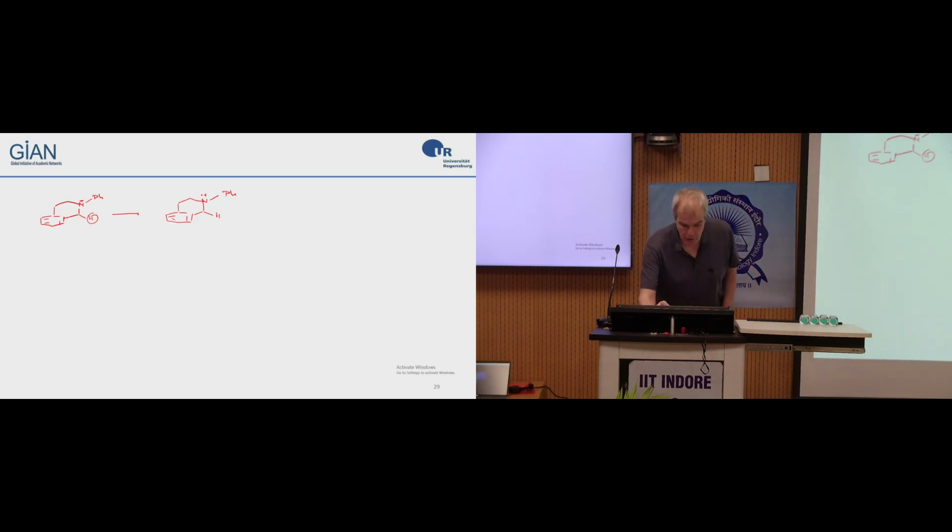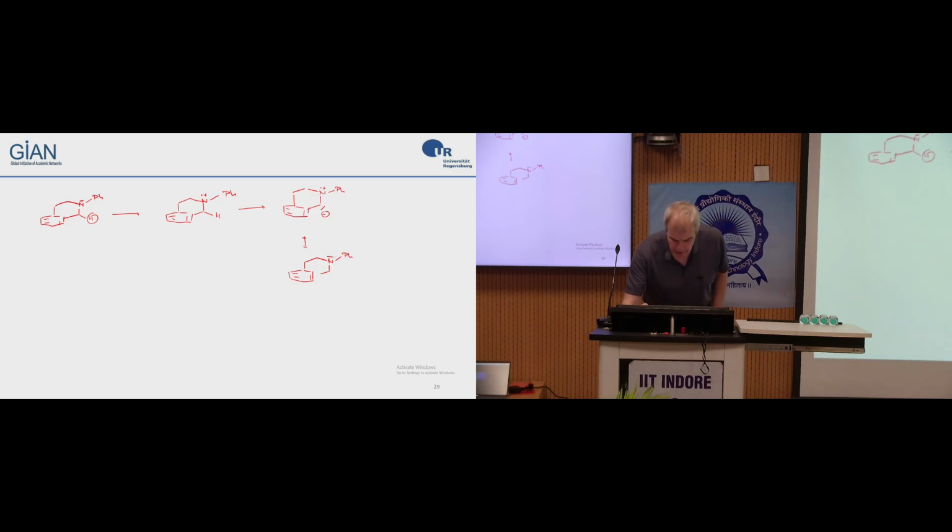And in order to get rid of the positive charge, the easiest way is that you will simply deprotonate this, and then now you have this, and I can rewrite this by giving one electron from that negative charge to the nitrogen.